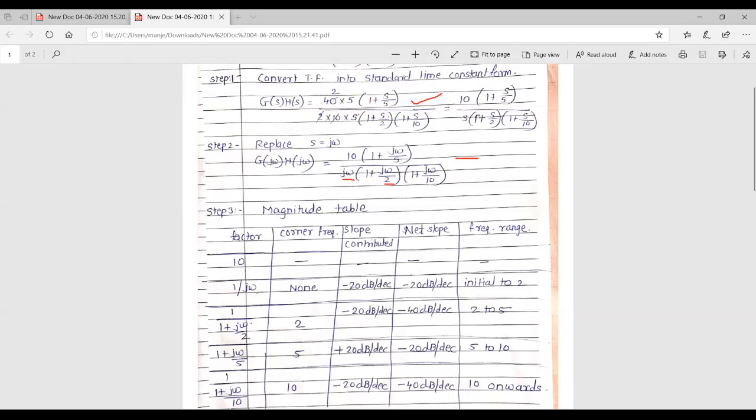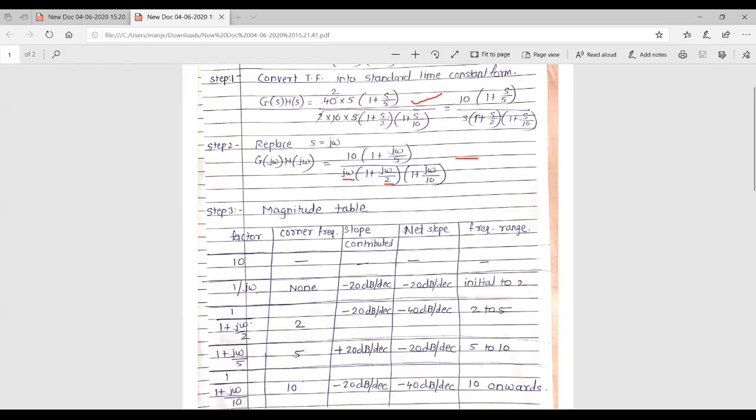Frequency ratio 10. That means frequency 1 to 10 would form 1 decade, or frequency 12 to 120 will form 1 decade, or frequency 5 to 50 would form 1 decade. Just frequency 1 and then multiplied by 10, whatever you get, that whole span is known as a decade.